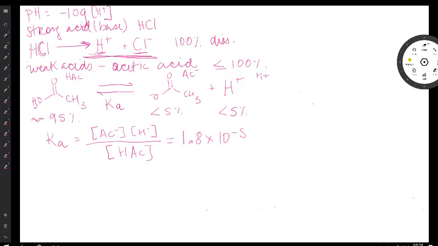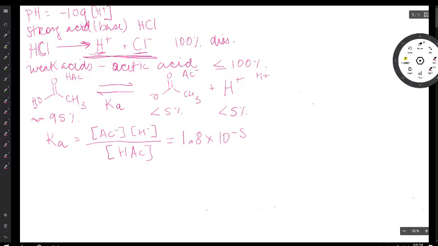And so weak acids are much more complicated than strong acids, and they can be mathematically more annoying to deal with. But the lack of ability for weak acids and bases to 100% dissociate is what actually makes them really good buffers and why we can exploit them for our purposes.